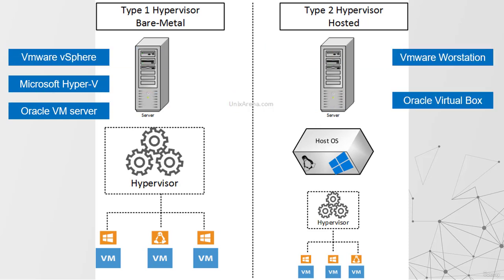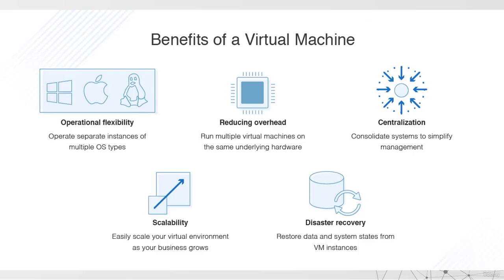Now, why do we use virtual machines in cloud computing? Well, first, virtual machines in the cloud environment offer a plethora of advantages that help businesses optimize their operations, reduce costs, and enhance their IT strategies.